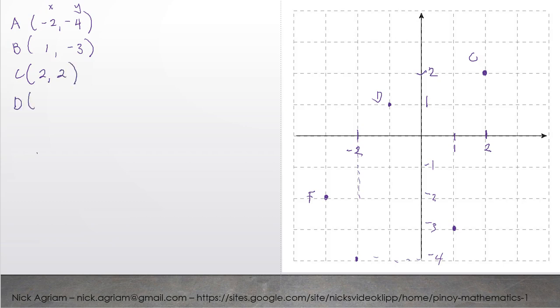D: our x is -1 and our y is +1. E, sorry, it should be E, not F: we have x is -3 and y is -2. Let's take F, for example, that one. Then we have (3, -1).